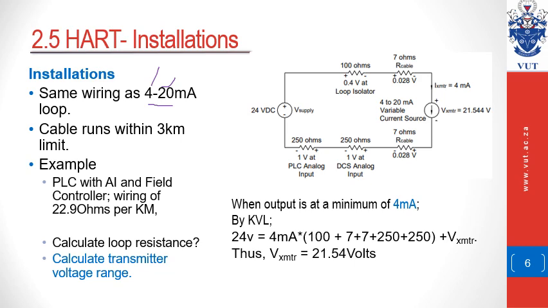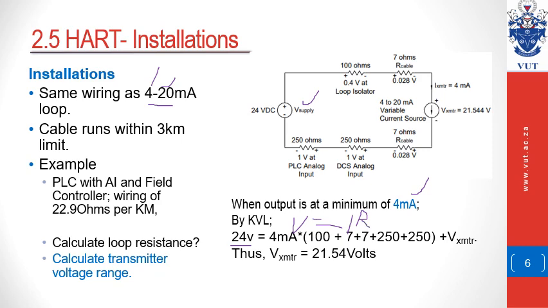In the case of 4 milliamps, we can use Kirchhoff's voltage law, showing that the voltage supply here, which is 24 volts, has to be equal to the amount of voltage across all of the resistances around the loop. Remember, V is equal to IR; in fact, this is Ohm's law.